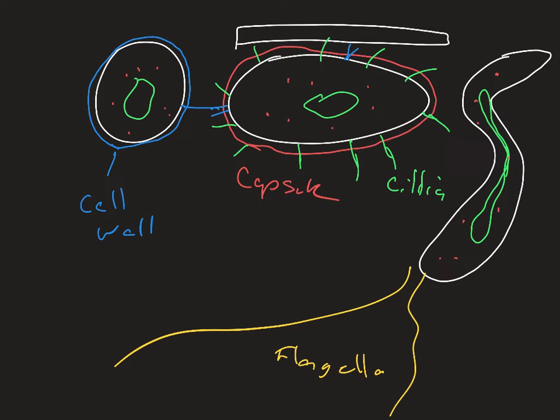Check this out. They can actually just exchange DNA. The DNA would go through this tube and go here and would go here, and they would exchange information. Kind of like people do when they date. You know what I mean?